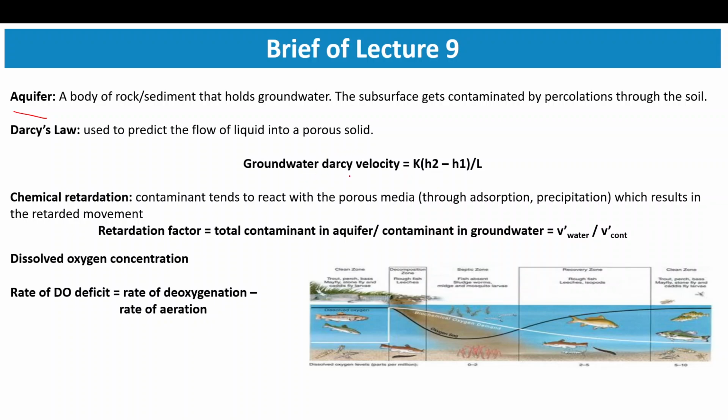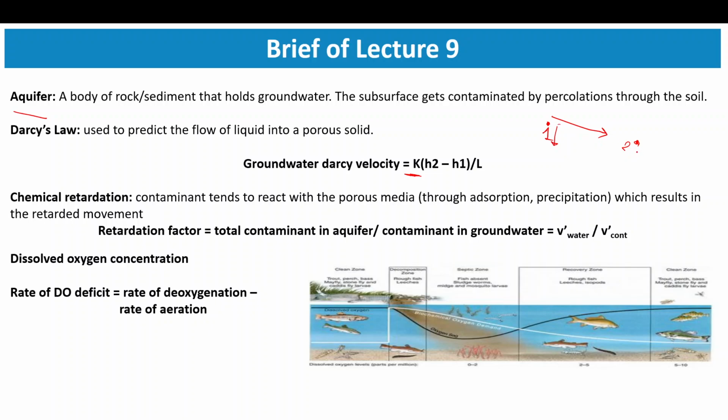So that groundwater Darcy velocity is calculated as, this is the hydraulic coefficient. This is the gradient. For example, water is flowing from one point which is 1 to 2, and it is having some gradient. So it will flow from higher point to lower point, from higher height to lower height.